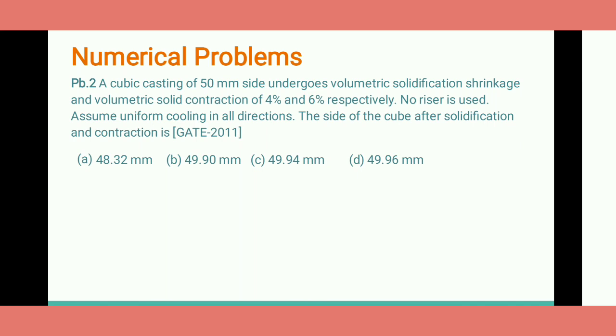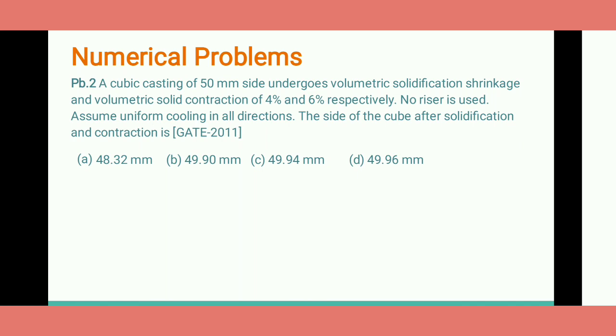riser used. This is very, very important in this question, okay, because if there is no riser used, then the shrinkage allowances that are affiliated with the riser, liquid shrinkage and solidification shrinkage, we do not have to use, okay. And by the way, the liquid shrinkage is also not given in this question, okay.